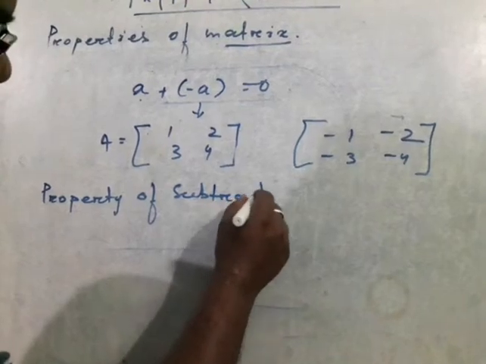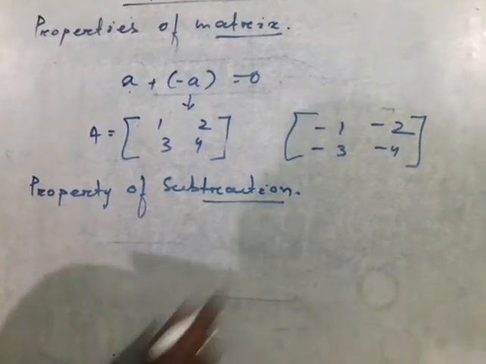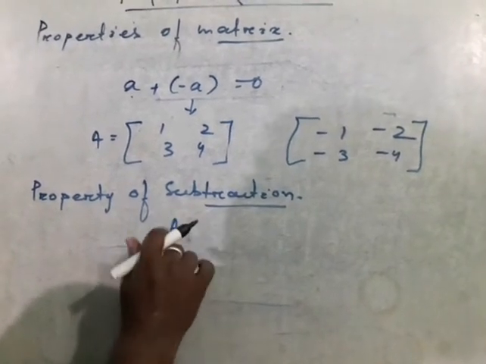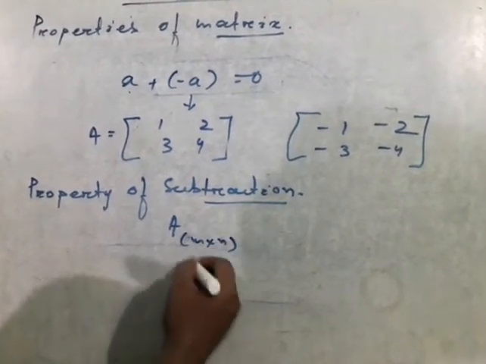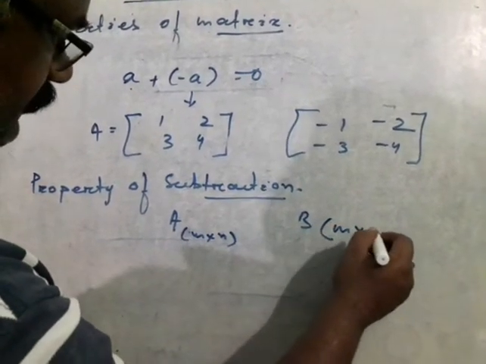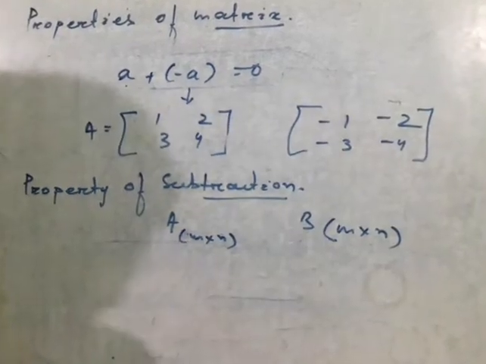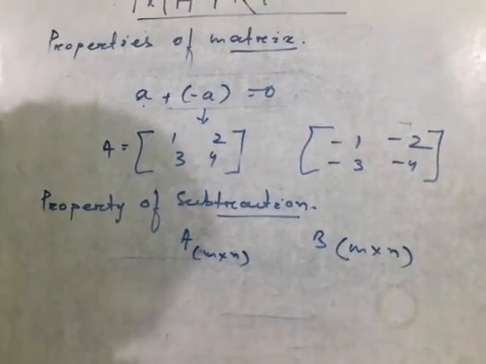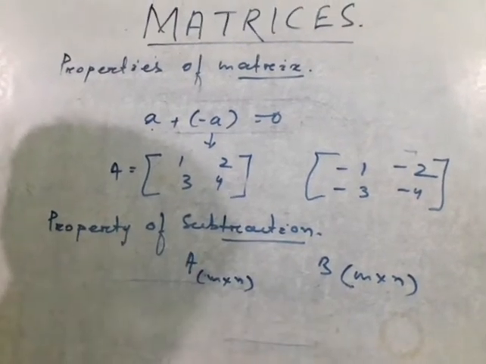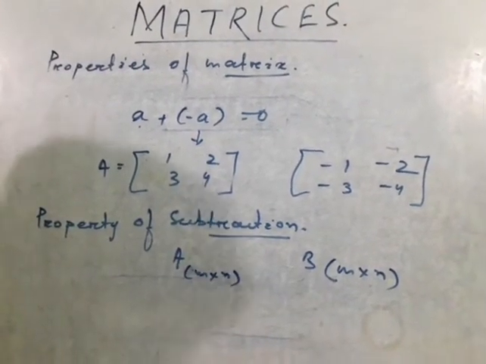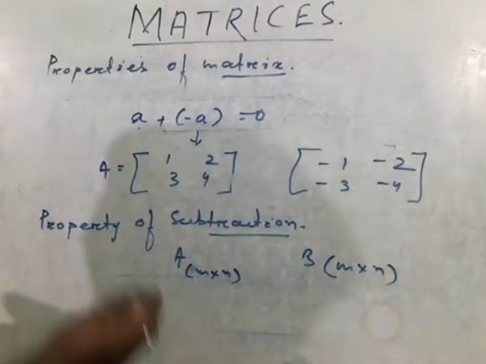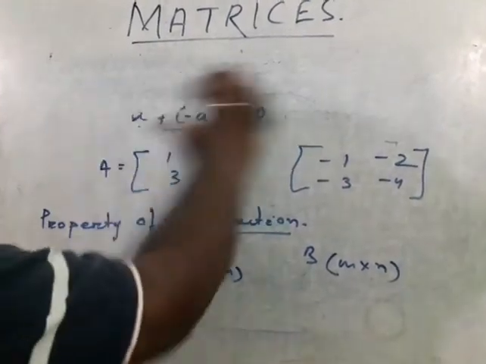Just like the addition property, in the case of subtraction, if A is a matrix of order m by n and B is another matrix with the same number of rows and columns, order m by n, then subtraction is possible. B can be subtracted from A and A can also be subtracted from B. This is as simple as in the case of the algebraic properties.